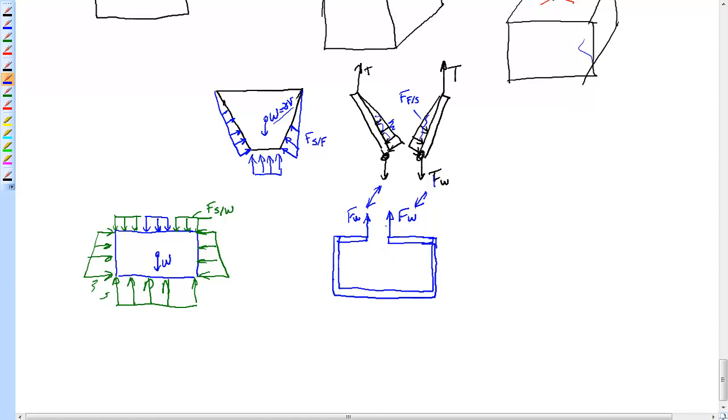Now, here's the contention you may have. You may say, okay, all this green we have to take a look at. Now, here, let's make some adjustments here. Okay, this looks exactly like that. It's equal and opposite. All this force is doing is, of course, the water sitting in here trying to push or break the container.